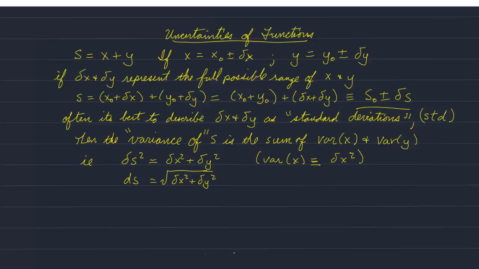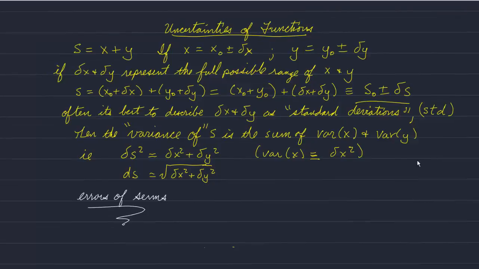And so that describes the errors of sums. I realize that we haven't yet defined what standard deviation and variance is. We'll get to that in a couple of days, but for now you should just remember that they represent the most likely variability of a measurement about a determined value, a measured value.